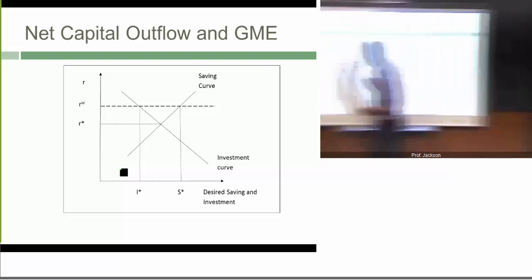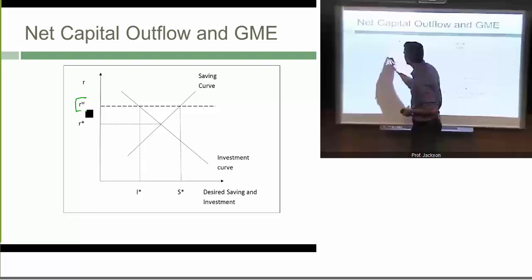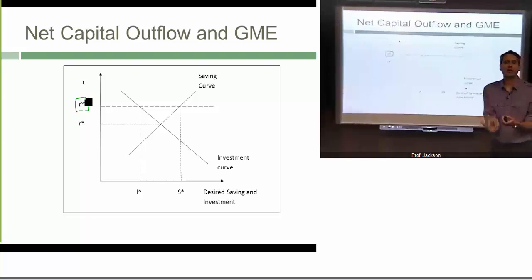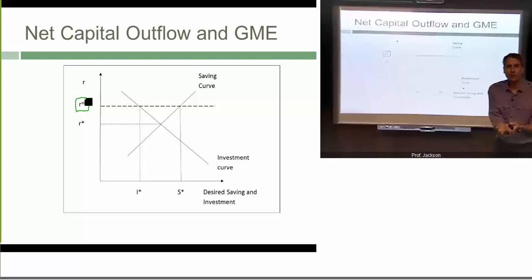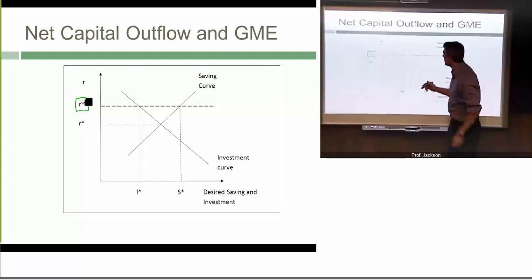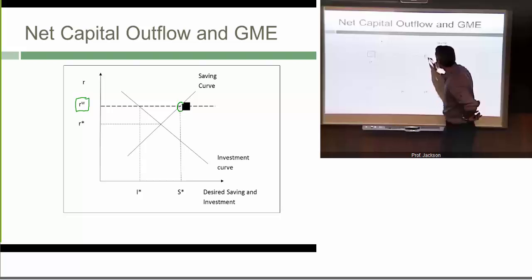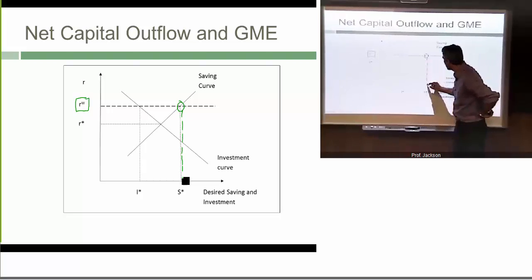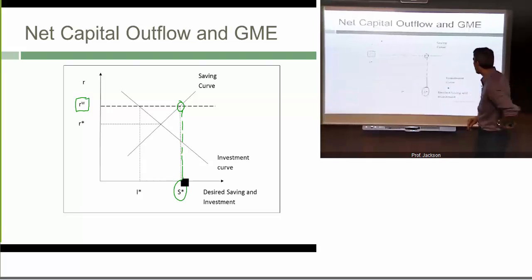So again, we're assuming that the real world interest rate that prevails globally and that the small open economy has to take as given is RW. And so that interest rate prevails in the small domestic economy, which implies that if we just read off of our savings curve at that interest rate, this is how much domestic savings is generated by households and government, okay?